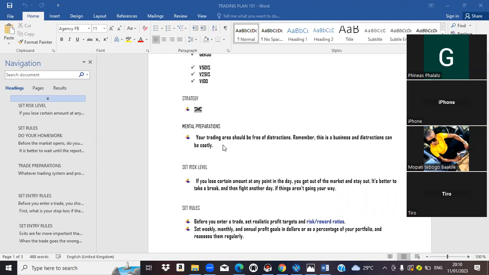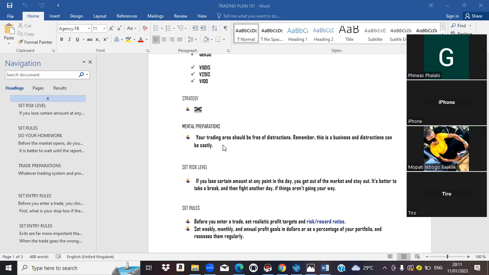Then you place a stop loss, and from your entry to take profit, how much are you going to gain? Because at the end of the day, price is 50-50.